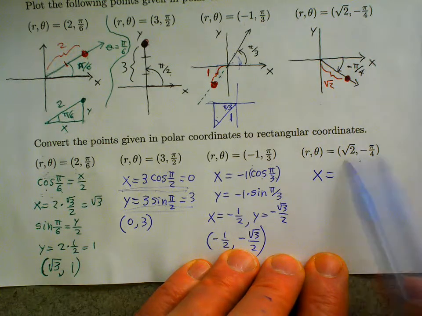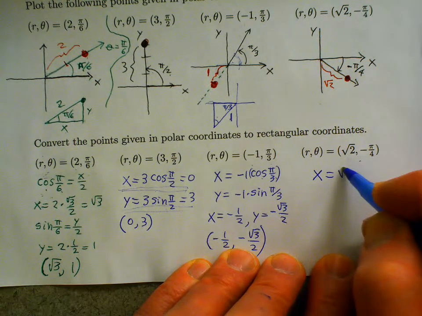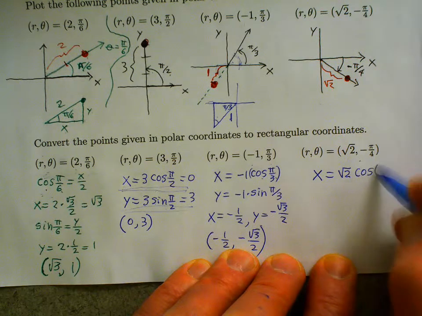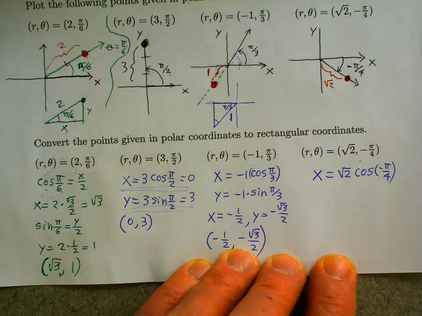It's r times the cosine of the angle. So it's the √2 times the cosine of -pi over 4.